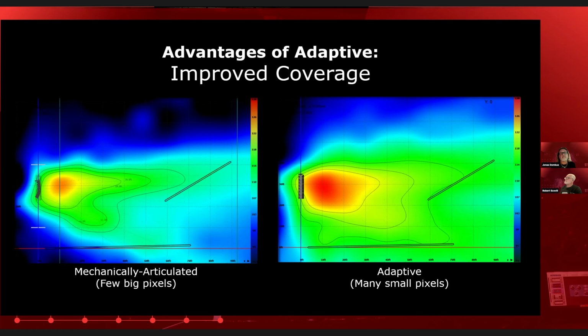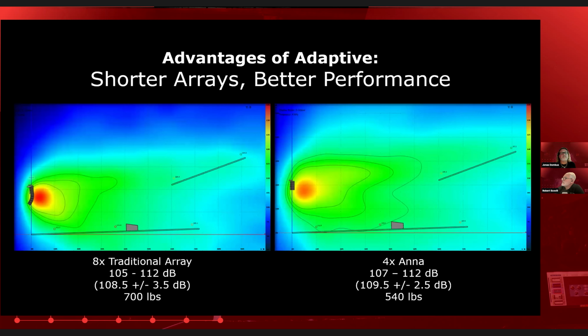Another thing that's not always obvious, and Robert kind of alluded to this, is the array size. On the left over here, we need all these boxes to cover from the front and the floor and these upper boxes up here. On the right, we may not need that many boxes to get the same result, both in SPL and even better coverage. So oftentimes you can use shorter arrays to get similar performance out of what you would traditionally need more boxes for.